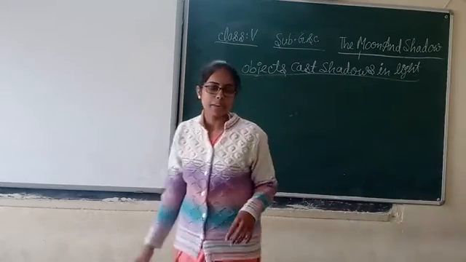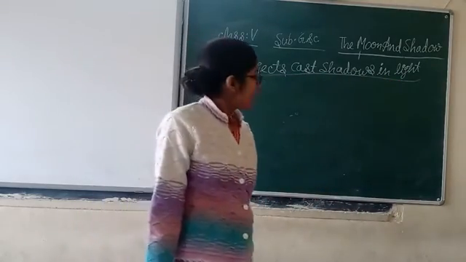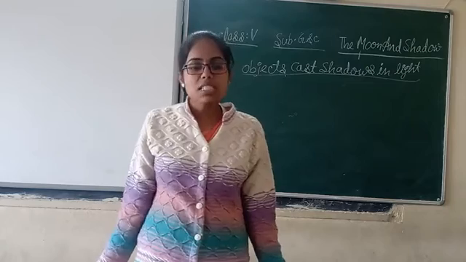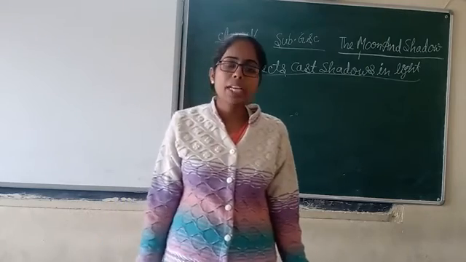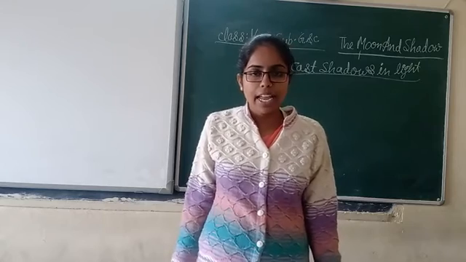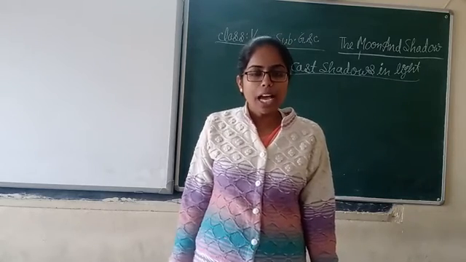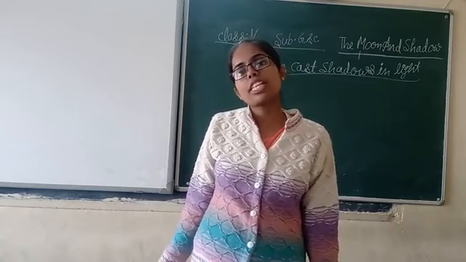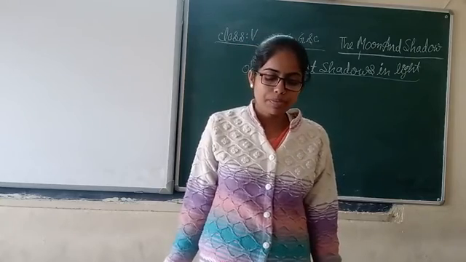Objects cast shadows in light. Every object casts its shadow in light. Shadows are always formed behind the object, that is, on the side opposite to the source of light.